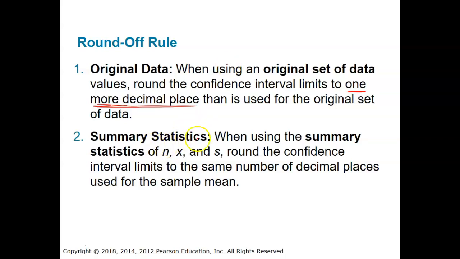If we're provided summary statistics, which means they already give you the x bar and the s and all of this, it's already calculated, then we're just going to be consistent with that and round it to the same number of decimal places that was used for the sample mean. And usually the mean and standard deviation will be given to the same decimal place.